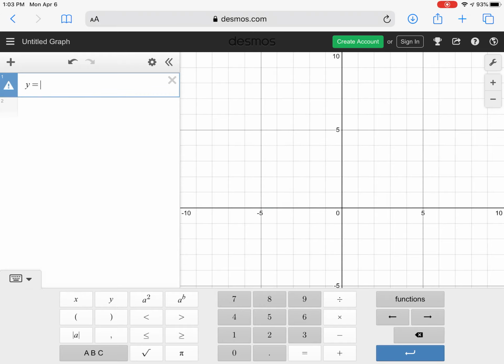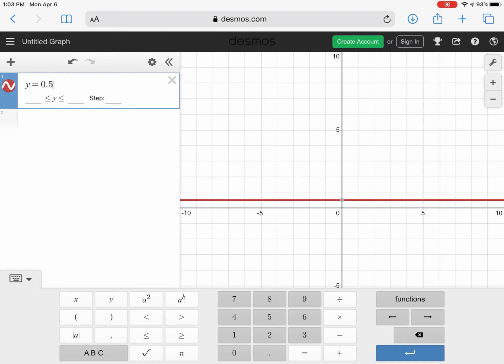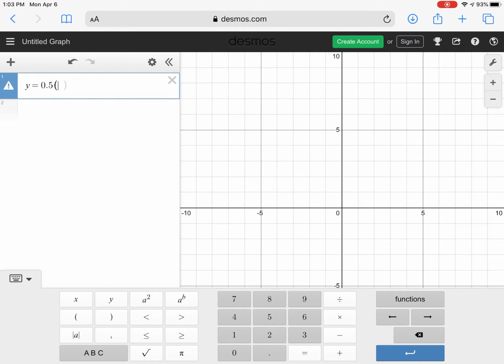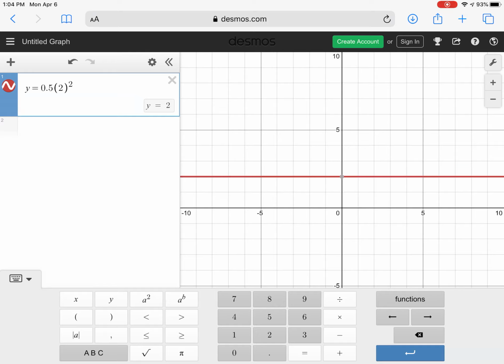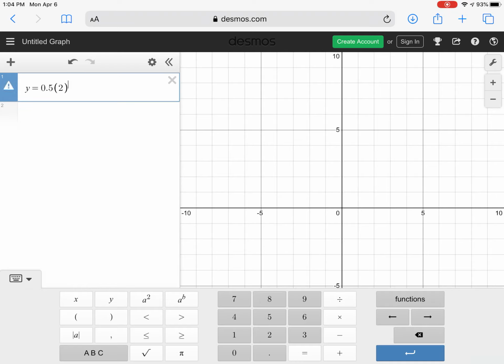And we have 0.5 parenthesis 2 to the x, and then +4.